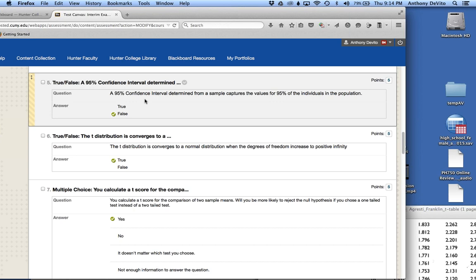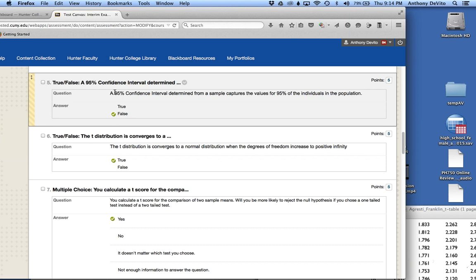Okay, let's take a look at a true/false. A 95% confidence interval determined from a sample captures the values for 95% of the individuals in the population. When we calculate a confidence interval, we're not getting the range for the individuals in the population. We're getting a range for an estimate of the mean.